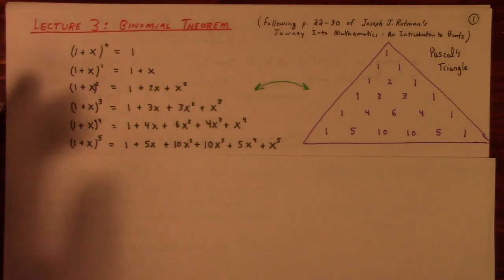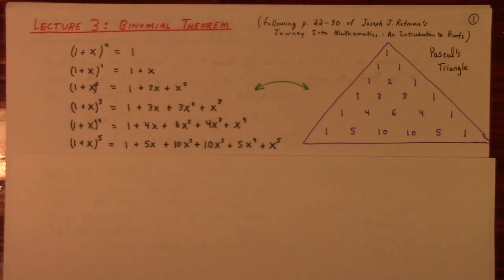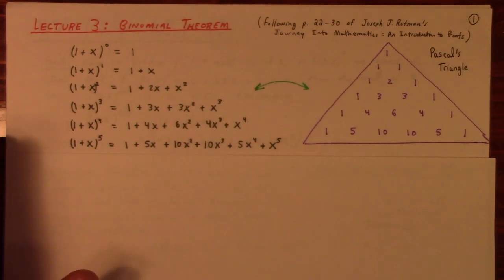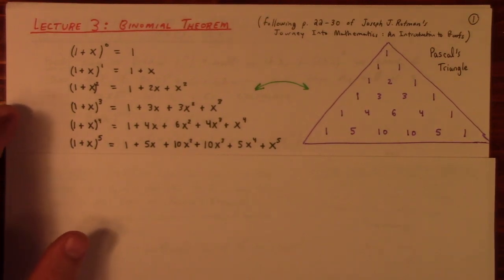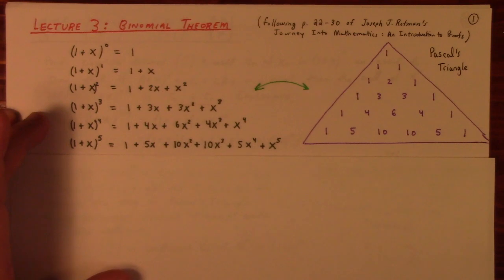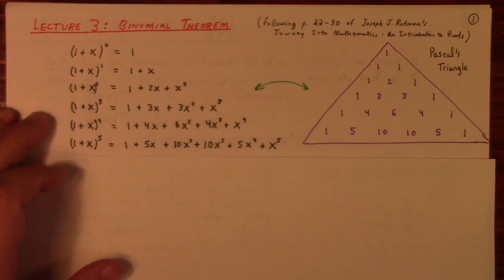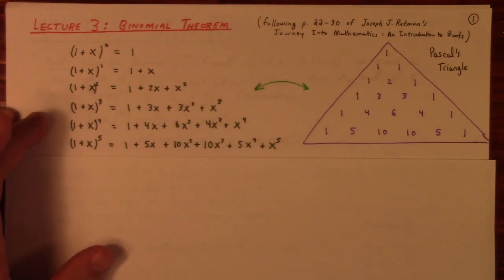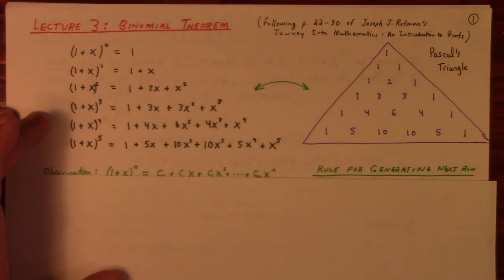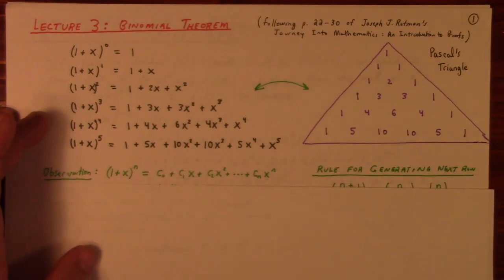And honestly, I would not be at all surprised to find that this was known to other ancient civilizations, because it's pretty basic, really. And as we'll see, it ties into certain questions of counting, which would have been of interest to people of various different civilizations. So it wouldn't have been surprising for other civilizations to discover this.